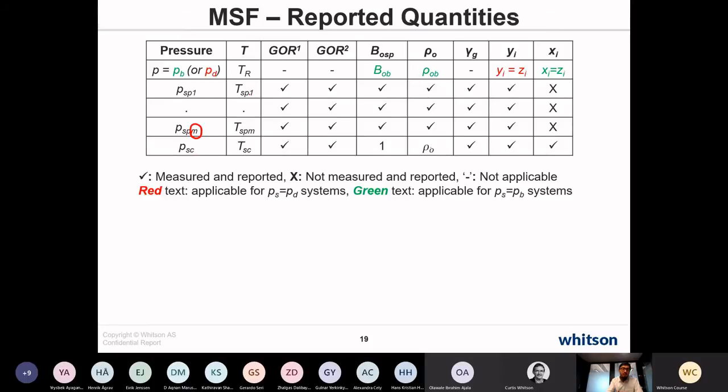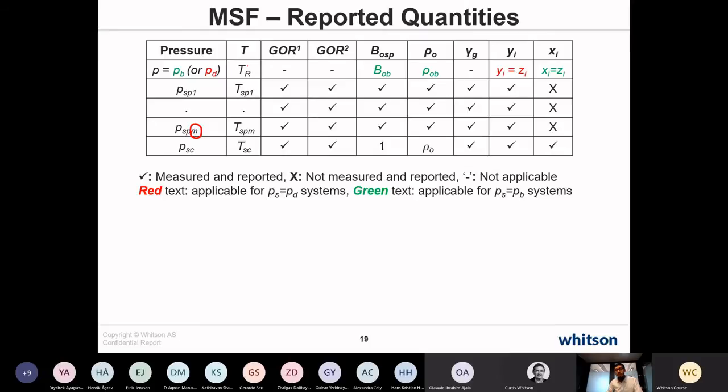The temperatures usually vary too, starting from the reservoir temperature at the bubble point or dew point, then different temperatures at each stage, and finally the stock tank temperature.